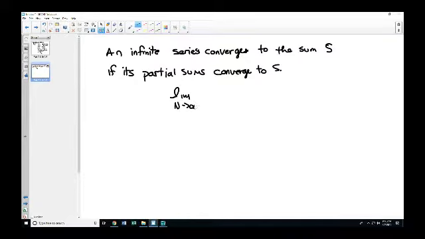The limit as n approaches infinity of s sub n is s. So mathematically, in this case, we would write it like this.